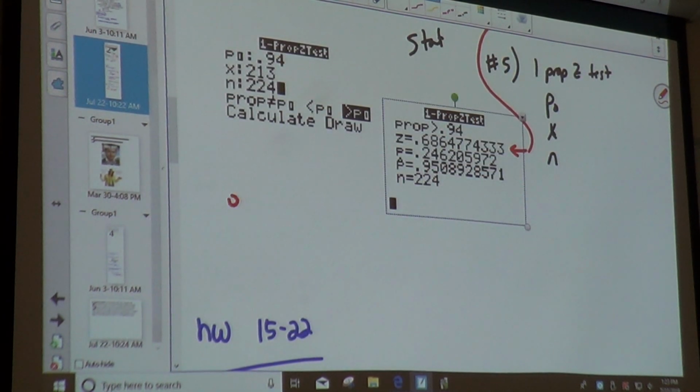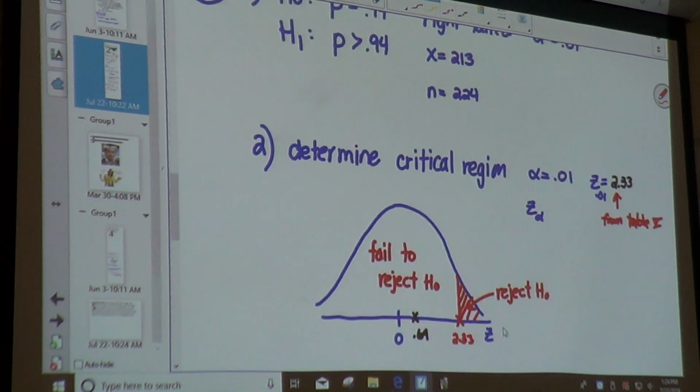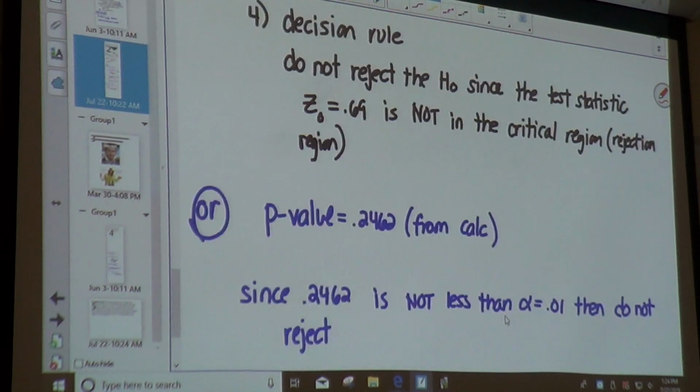The other way is called the p-value approach. So after you do this, you get your p-value is 0.246. I'll show it to you down here.